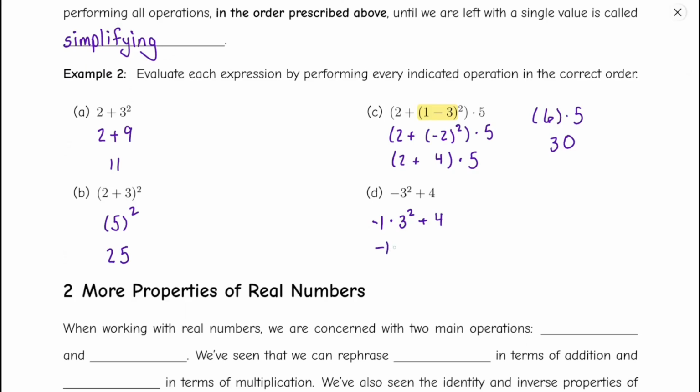So we get negative 1 times 9 plus 4, negative 9 plus 4, which is negative 5. If you wanted to square the entire negative so that it became positive 9 instead of negative 9, you would need to put parentheses around the negative 3, like so.